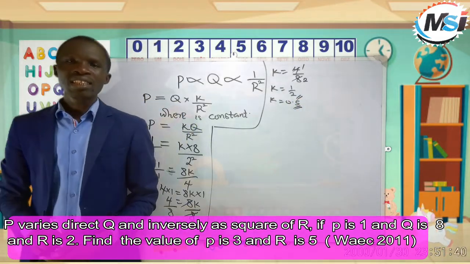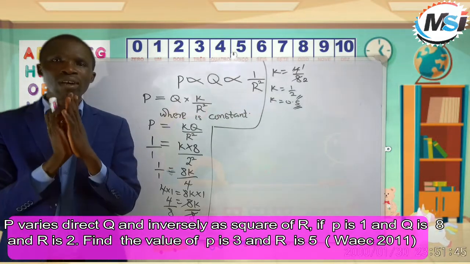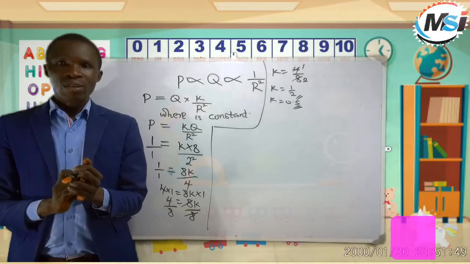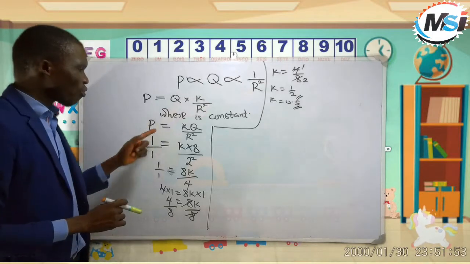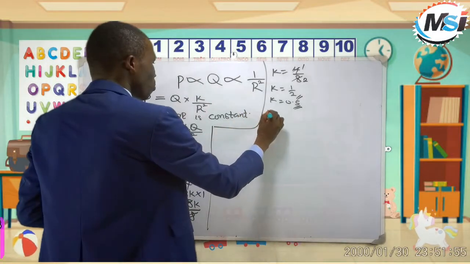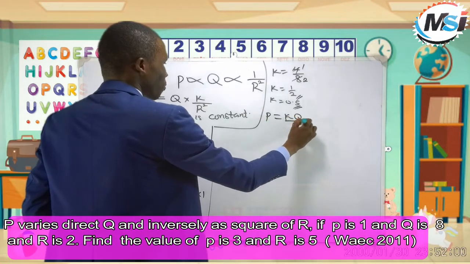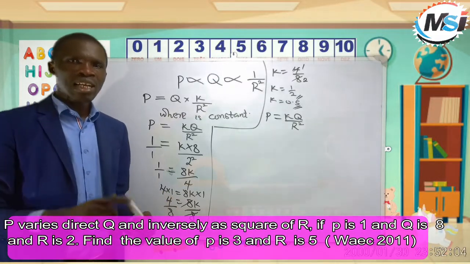Now, the next thing is we are going to find the value of Q when P equals 3 and R equals 5. So what you do, you go back to this formula again, which will give you P equals KQ all over R squared. Now, from this question, P is given to us as 3.